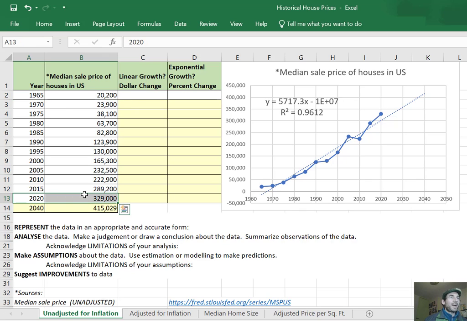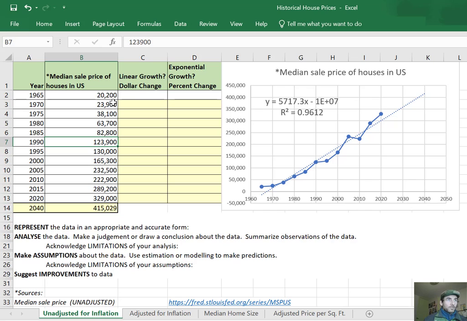In 2020 though, half of the houses in the country were sold for less than 330,000, and half were sold for more than that, like 340, 500,000, a million, right? So that's what median means.